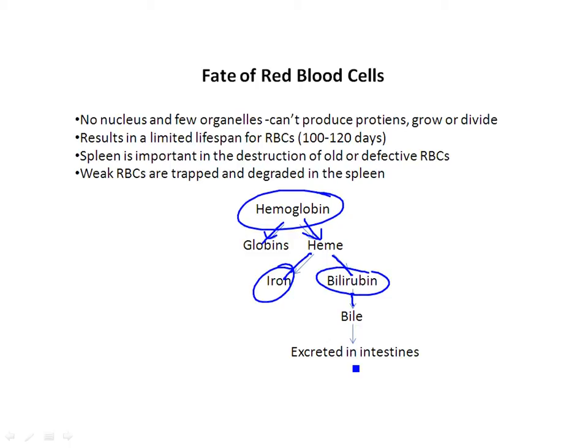Remember, heme was a pigment. Well, once you start breaking it down and going through all these processes, it starts changing colors, as you start removing some of the things that give it color. So what makes your feces brown is this excess bilirubin that's been degraded down, and that's actually what turns your feces brown.